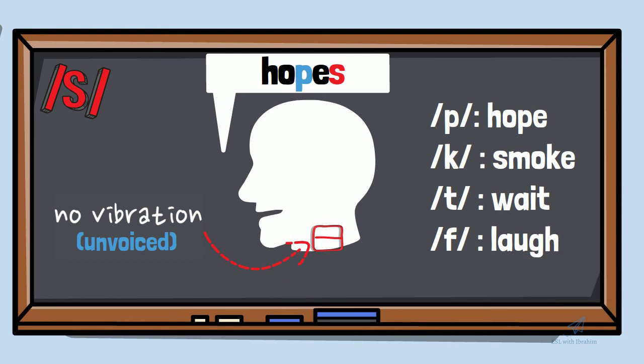The /f/ sound is usually represented by the letters GH like in laugh or PH like in photograph. So listen carefully and pay attention to your voice box. It's not about the letters, it's about the sounds. Let's practice. Smoke, smokes. Wait, waits. Laugh, laughs.